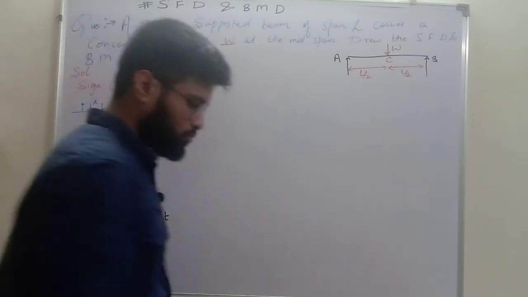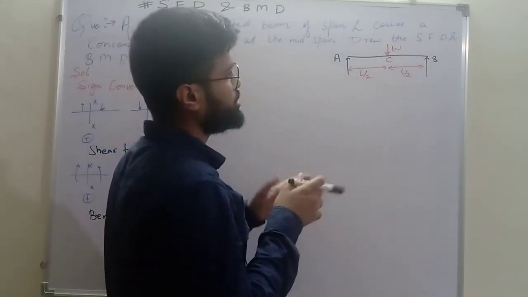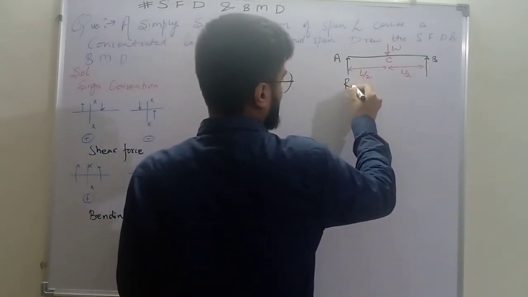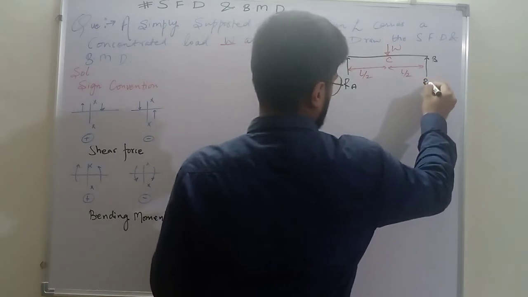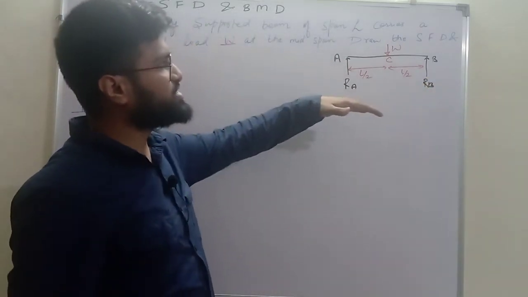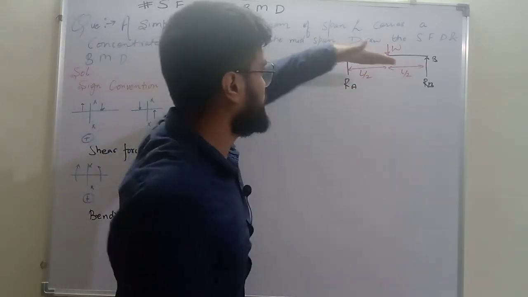In a simply supported beam there are only vertical reactions RA and RB, because a simply supported beam does not resist motion along the length of the beam, in the horizontal direction AB.